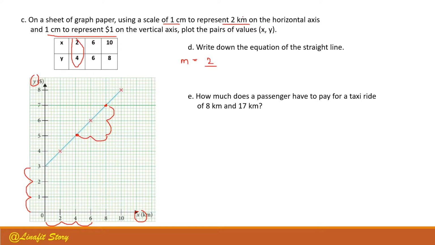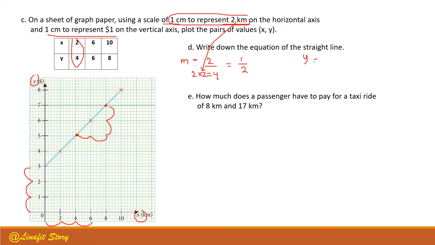Remember, for the horizontal axis, 1 cm represents 2 km. So this is 2. How far along is 2 times 2, which is equal to 4. So the gradient is 2 out of 4 or 1 out of 2, 1/2.